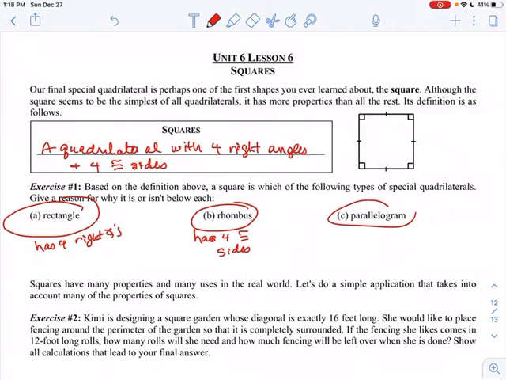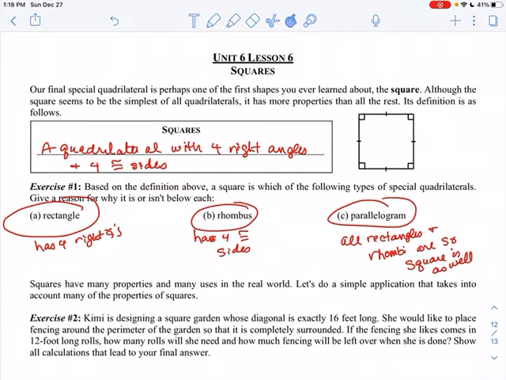And it is a parallelogram because all rectangles and rhombuses are parallelograms. Therefore, a square also has to be a parallelogram. So square is as well.